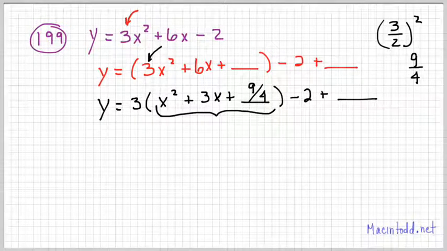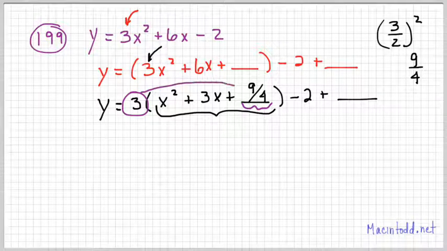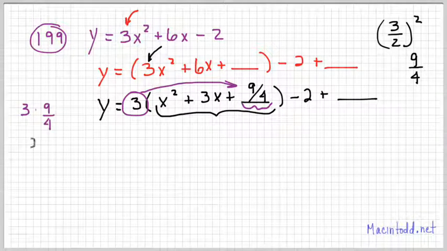It looks like I added 9/4 to the right side of this equation, but really because of this 3 out here, I've added 3 times 9/4. Well, 3 times 9/4 is 27/4.